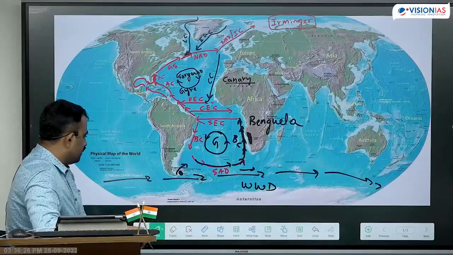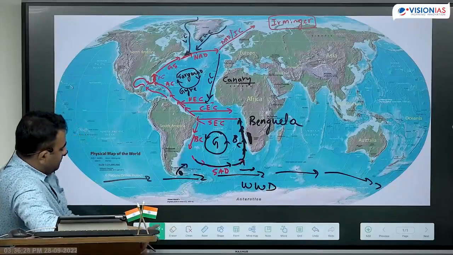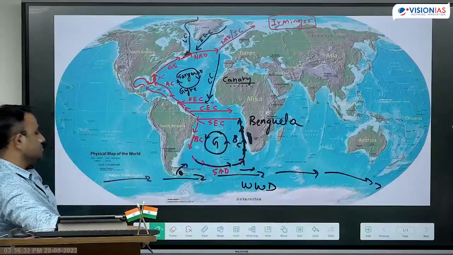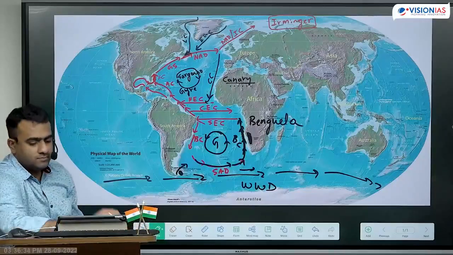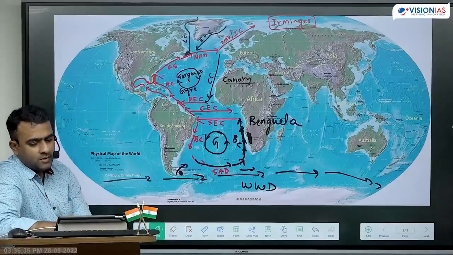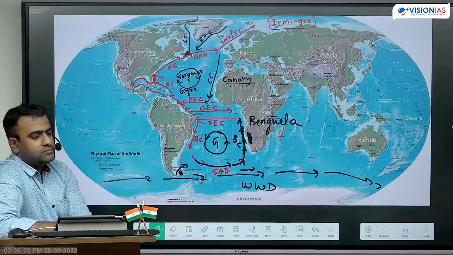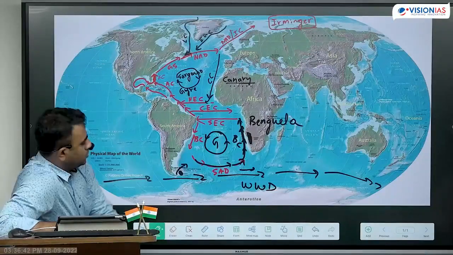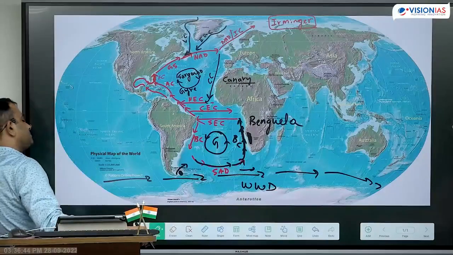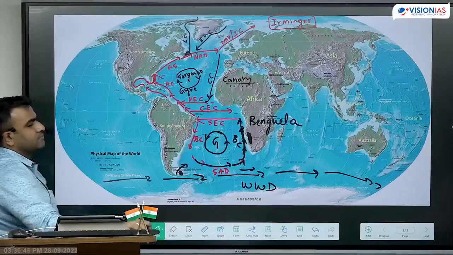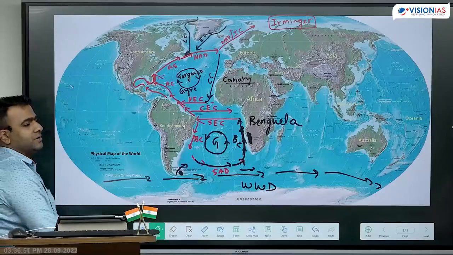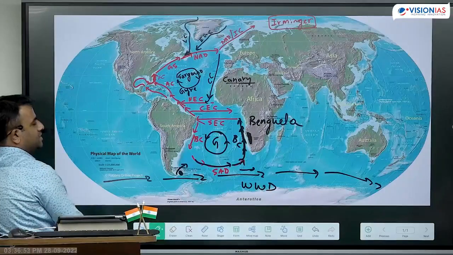So the next one, the currents of Pacific Ocean. Here you can see we have a very wide Pacific Ocean near to the equator, from eastern to western part.